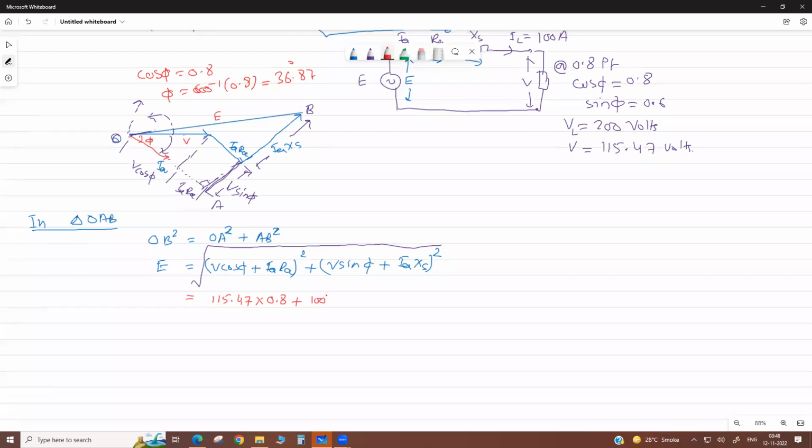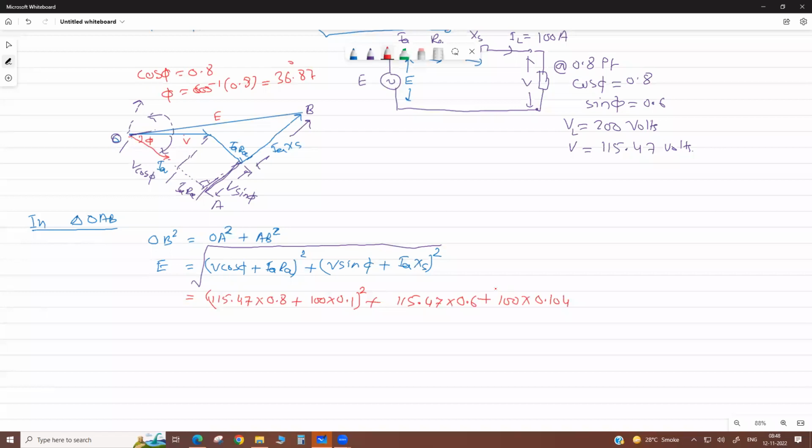Here line current equals phase current, so we are taking all the per phase values. 100 into resistance 0.1, whole square, plus V is again 115.47 into sin phi, which is 0.6, plus Ia again 100 and the reactance 0.104.